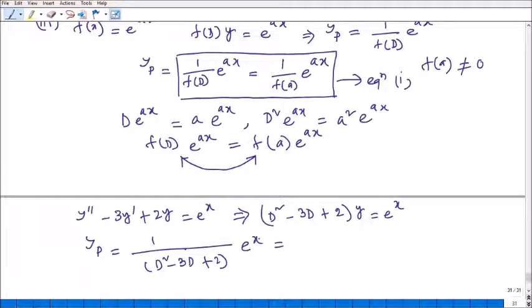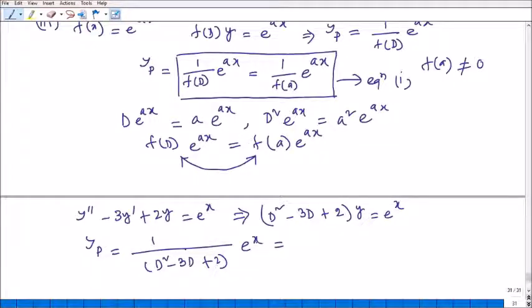So here the value of the constant, which is the coefficient of x, is 1. So let me check the value of f of a. If D equal to 1, then 1 minus 3 plus 2, which is equal to 0.